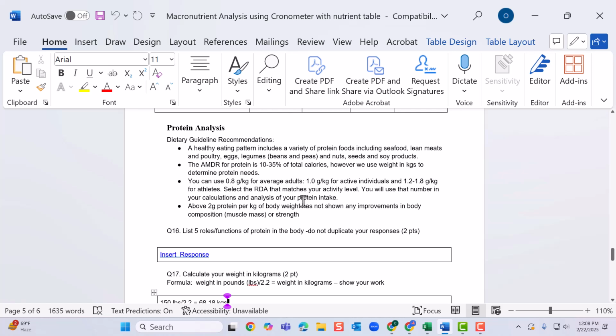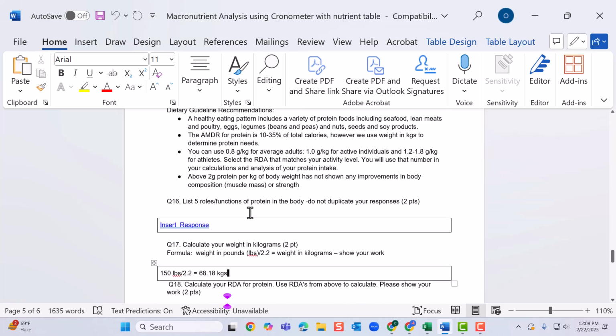There are examples of what RDA you can use. So RDA for protein for adults is based on activity level. If you consider yourself a sedentary person, an inactive person, or low activity, you will use 0.8 grams for every kilo. If you are active, use 1. If you consider yourself an athlete, use 1.2 to 1.8. Select the RDA that matches your activity level because you're going to use this in this calculation.